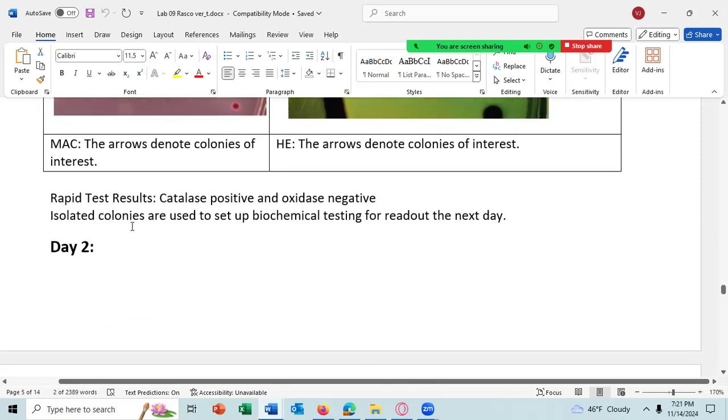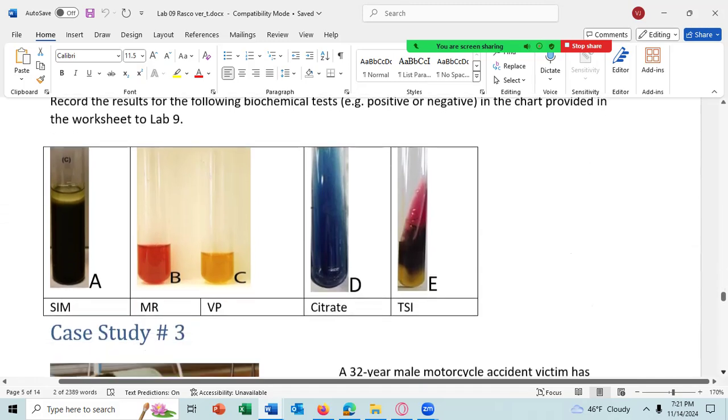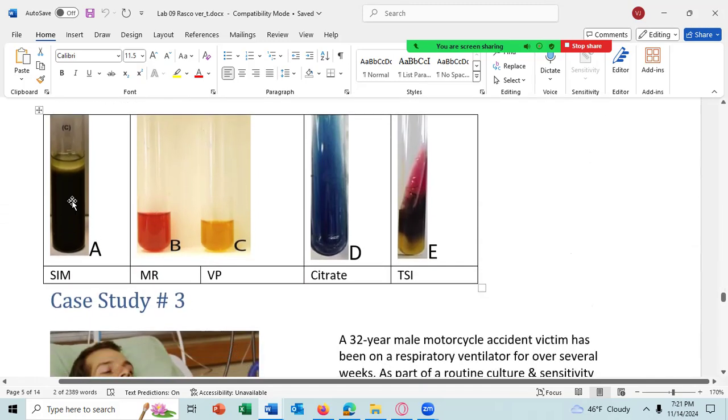The bacteria is catalase positive and oxidase negative. Some further tests were run on day 2. The SIM tube here, the MR tube here, the VP test here, the citrate test there, and the TSI, triple sugar iron test here.